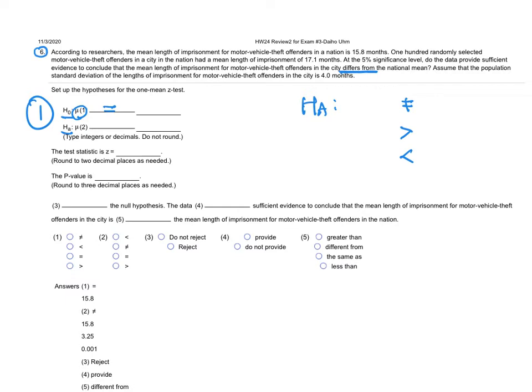Number 6 wants to test for a difference, so we state not equal to. And we take the initial setting value, which is 15.8. I plug the 15.8 here and another 15.8 there.